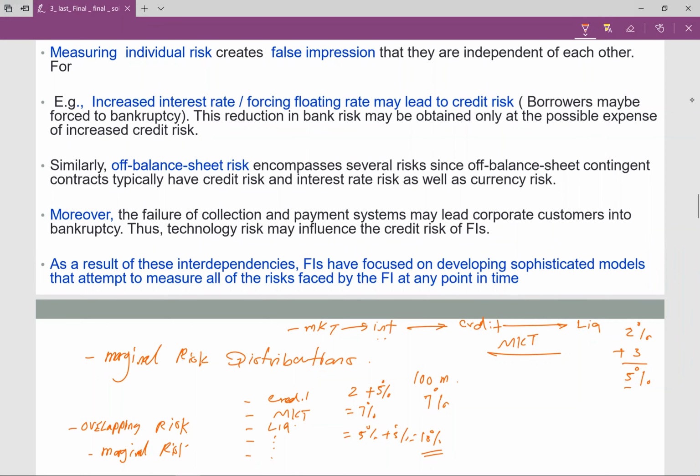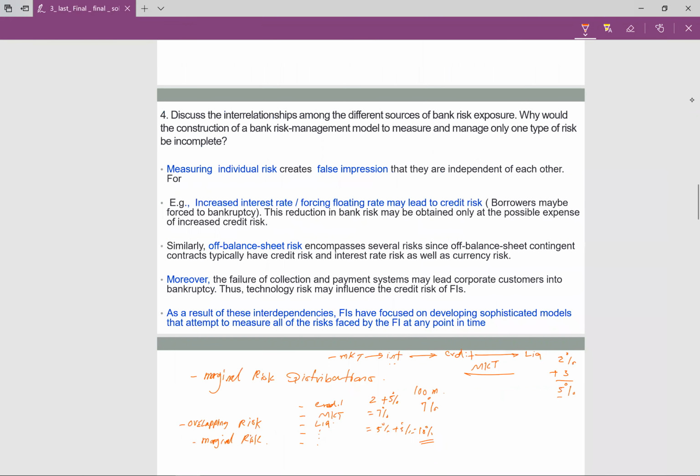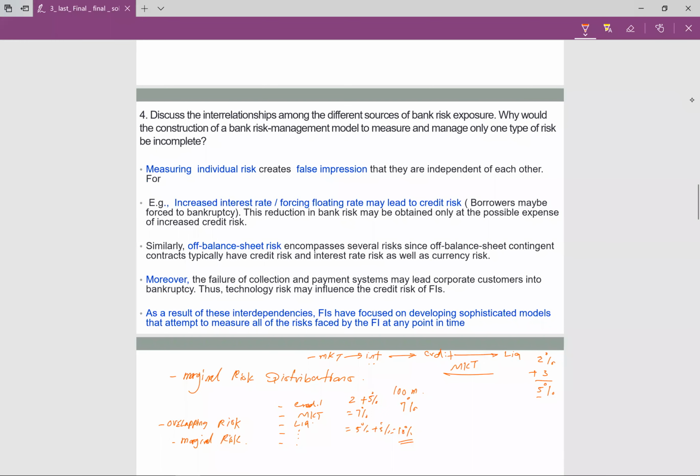So in this case, my friends, just to explain this issue, measuring individual risk creates a false impression that they are independent. They are not independent. As I told you, we can go from market to increased interest rates, forcing floating rates, maybe to a credit risk. As I told you here, I have an interest rate of 5%. I'm giving this loan.